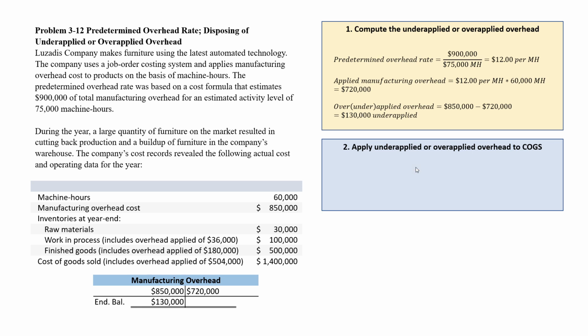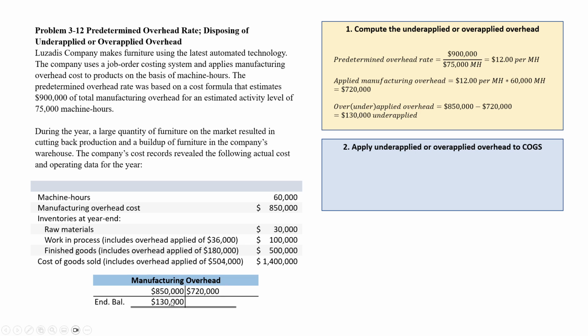If you recall, I had mentioned in a previous video that manufacturing overhead is a temporary account, meaning it accumulates balances throughout the period, but we've got to wipe that balance out before we produce our financial statements.